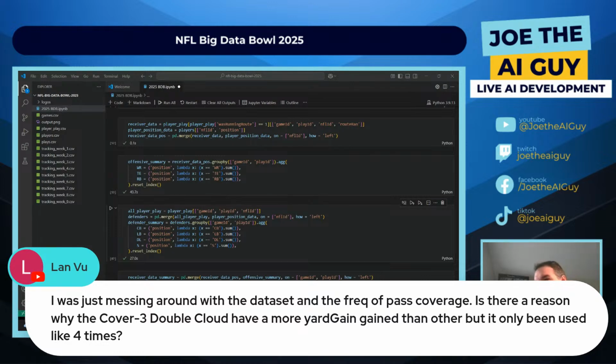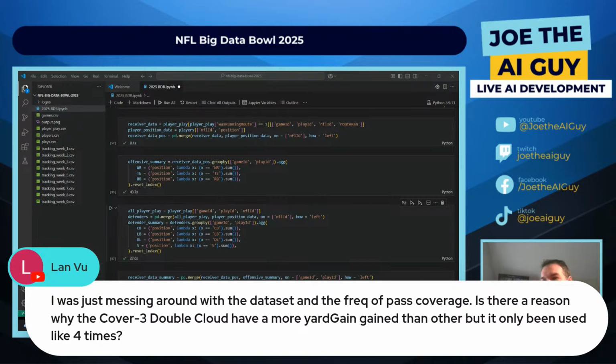I wouldn't know without having more specifics in terms of the data table breakdown that you have here. This yard gain, I'm assuming, is going to be a field in the data set itself. Because my guess is when you see something like this, it's just because there was a big play, like a broken coverage or something that happened in these.